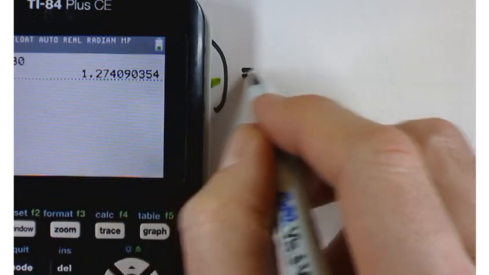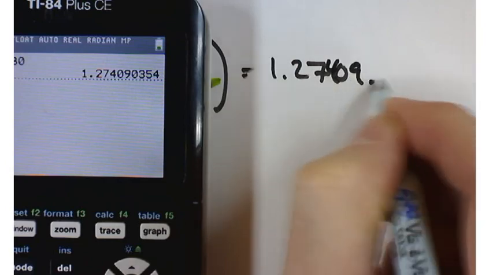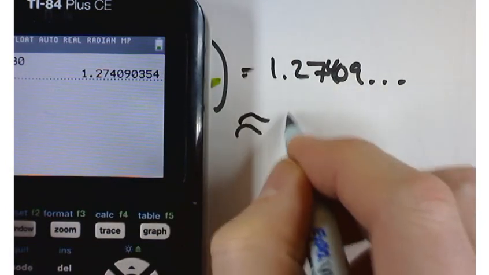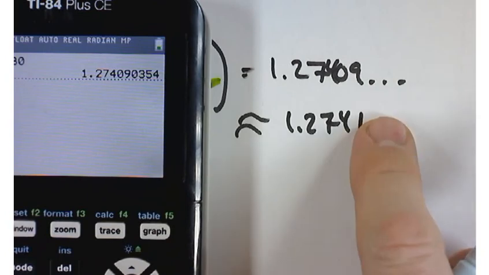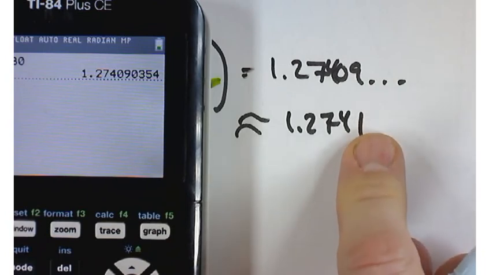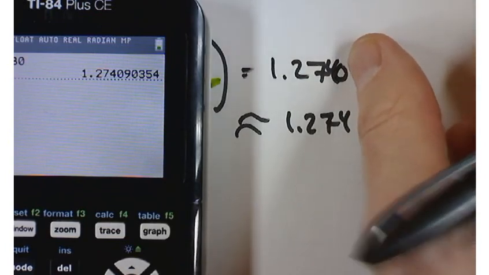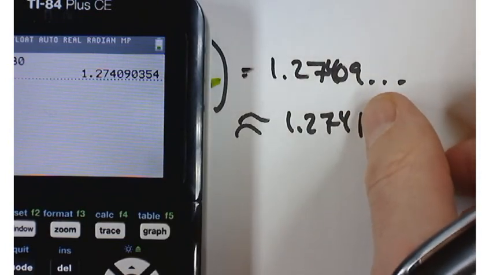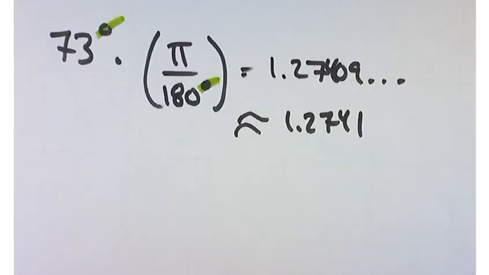So 1.270, or excuse me, 409, etc. And that rounds to 1.2741. When you're rounding, if you have a 0 in this place, if I had like a 1, and I'm expecting something in the 10,000th place, make sure that you end in a 0. Don't just leave it off.